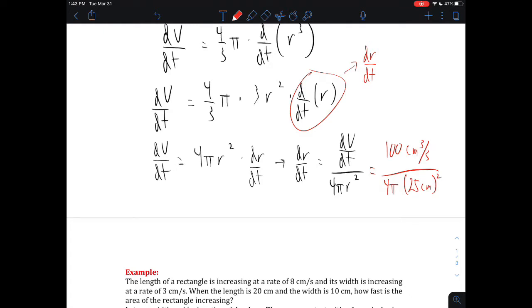And if you think of how the units are going to cancel, I'd have cubic centimeters divided by square centimeters. That just leaves me with centimeters, and then I still have per second, which again makes sense because dr/dt should be the rate of change of radius, which is measured in centimeters per second. So then what I'm going to get from this is just going to end up being 1 divided by 25 pi centimeters per second, which of course we could write as a decimal if we wanted to, but this is also a simple enough form.